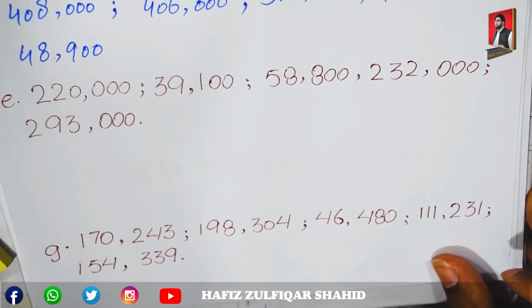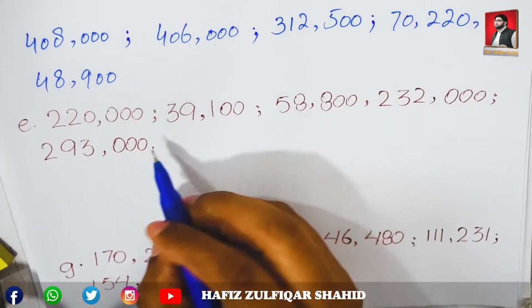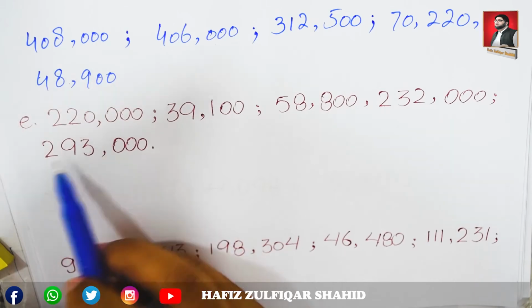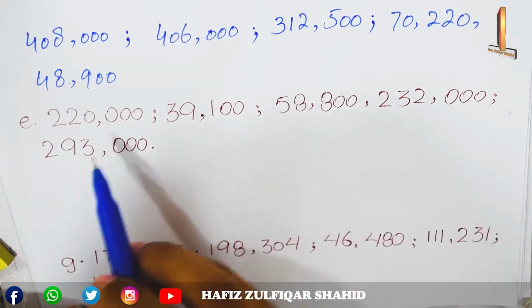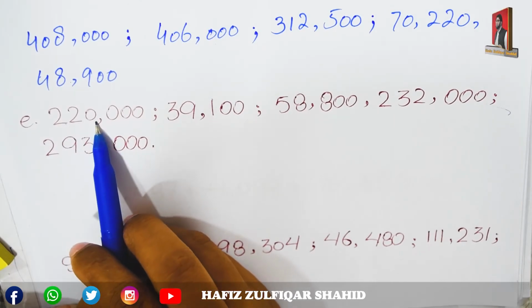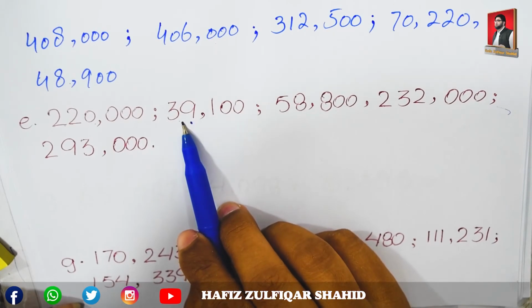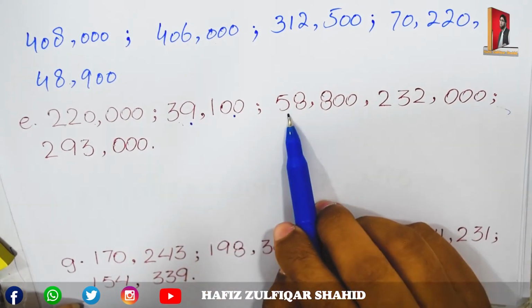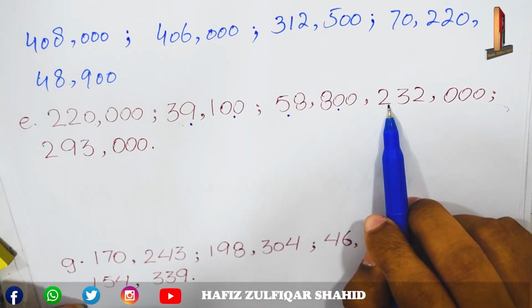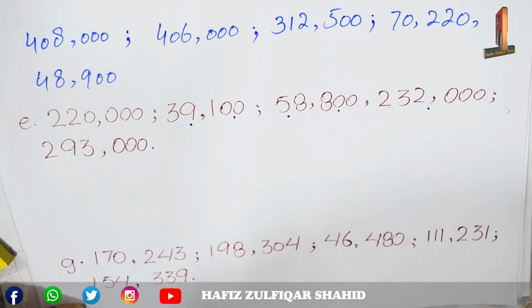Let's do another question of this topic, descending order, and here we have another 5 values. First one is 220,000, second one is 39,100, third one is 58,800, and the fourth one is 232,000.